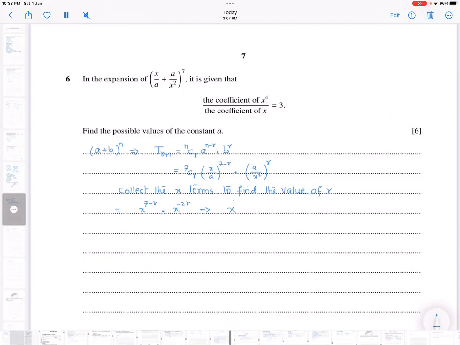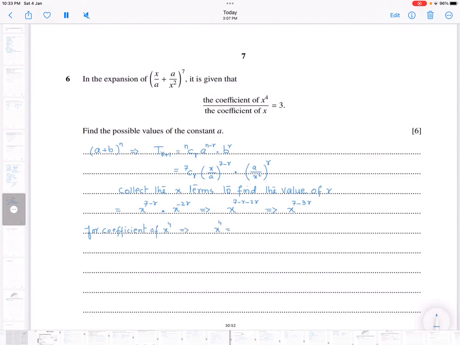Now bases are equal, so powers must be added: x power 7 minus r minus 2r, which is x power 7 minus 3r. Now I'm looking for the coefficient of x power 4.